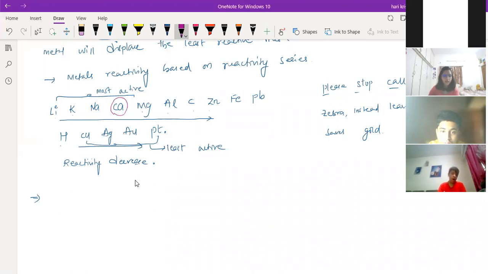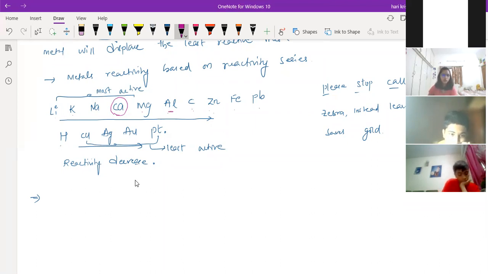Whatever element you take in the reactivity series, that element will replace the elements below it, or the right side elements in the reactivity series. But it cannot replace the elements present on its left side. Understand? Suppose you take aluminium, it can replace carbon, zinc, iron, lead.